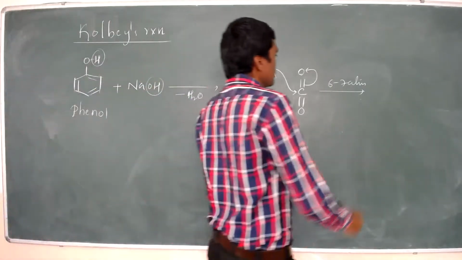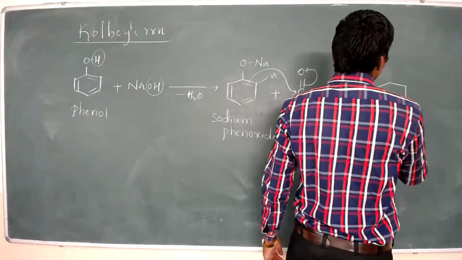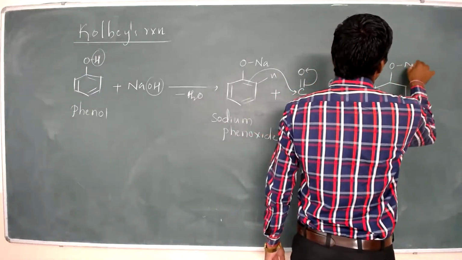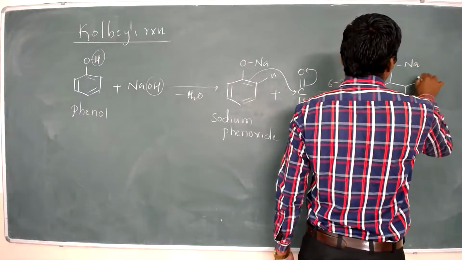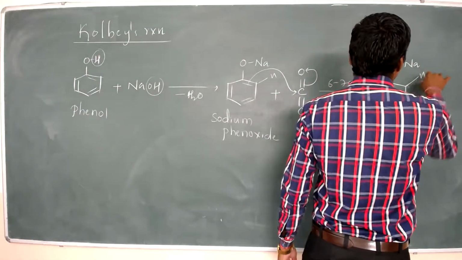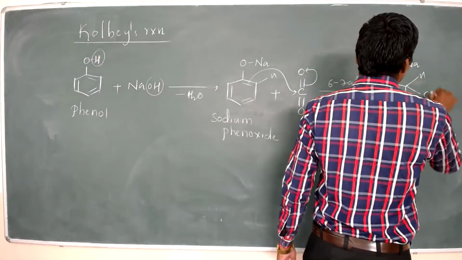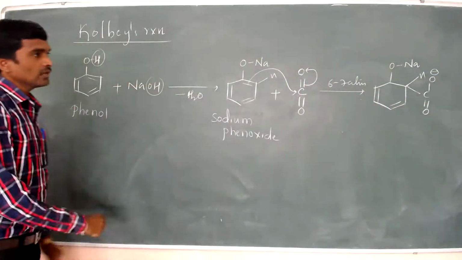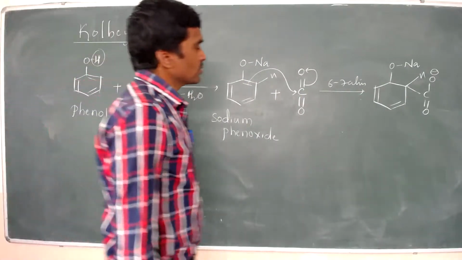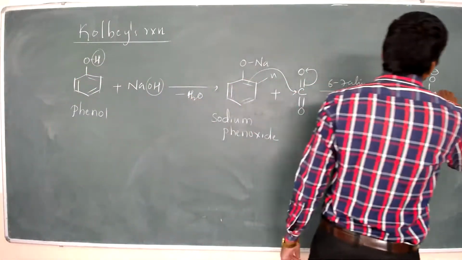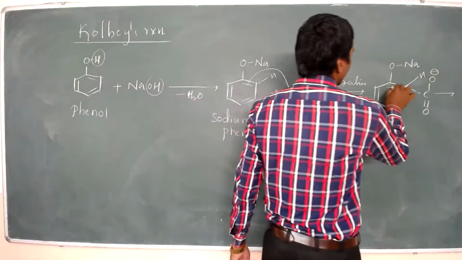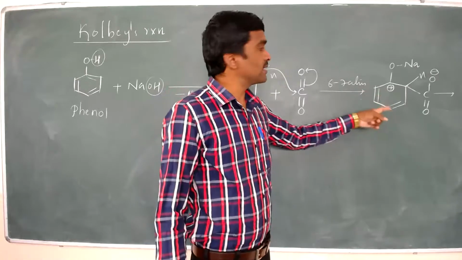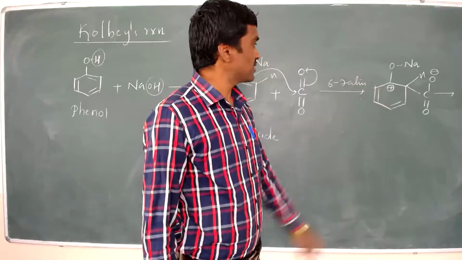So then the product is O minus, C double bond O minus, it will be formed. Now here, this carbon gets a positive charge. Here one simple mechanism takes place, that is, it undergoes tautomerism.